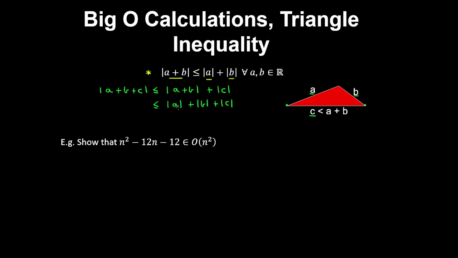And now we can use the triangle inequality to show that the following function is O(n squared). So we start off with the absolute value of the function, and by the triangle inequality, that's less than or equal to the sum of the absolute values of each separate term.